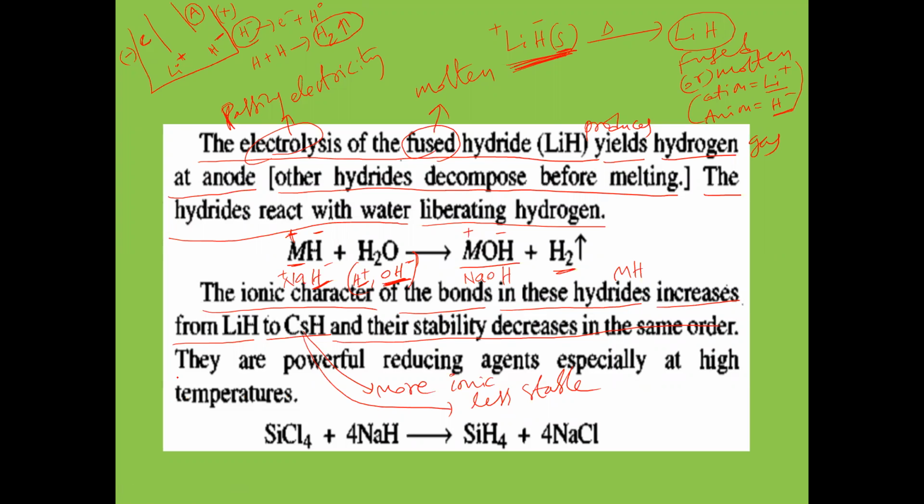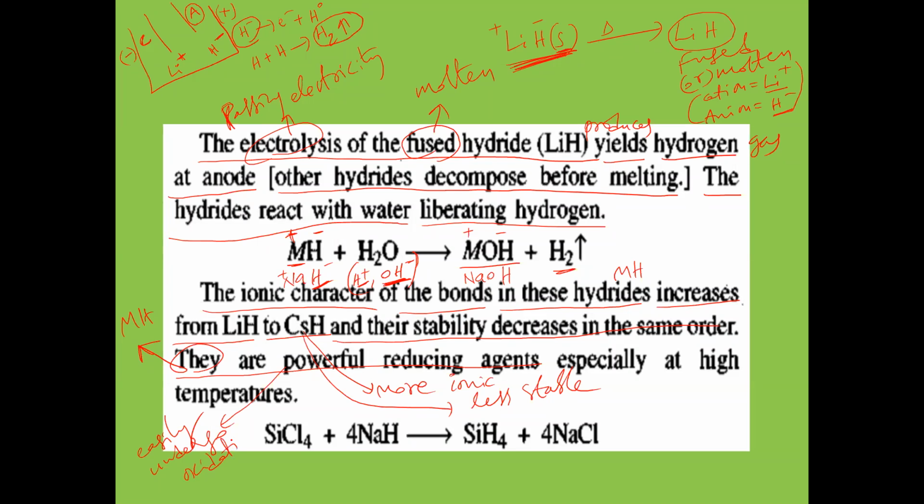Okay, next, they are powerful reducing agents. They means the alkali metal hydrides. Powerful reducing agents means they easily undergo oxidation.